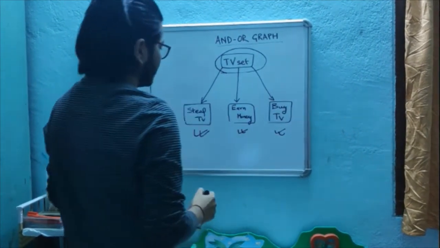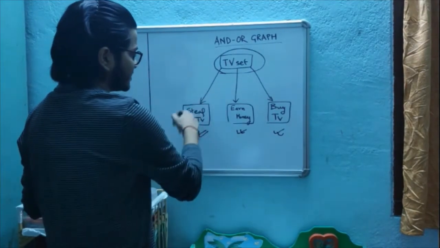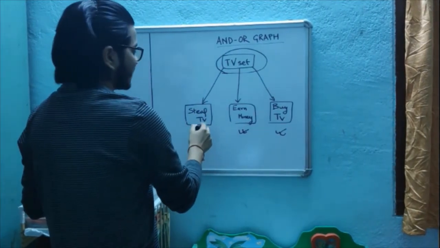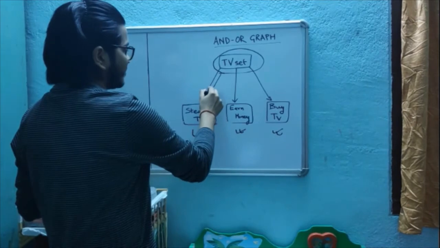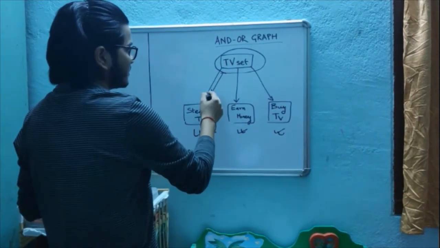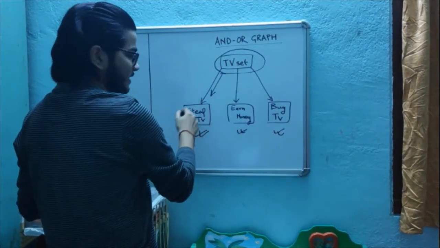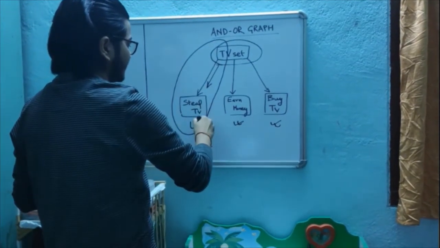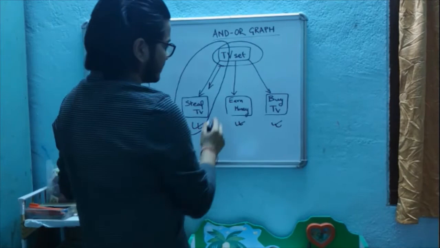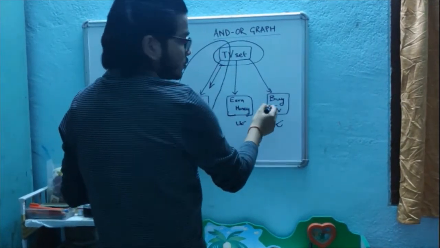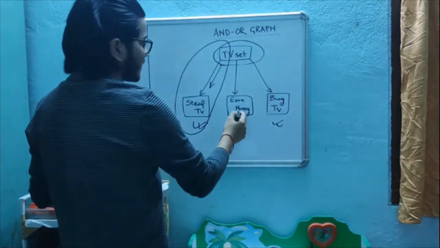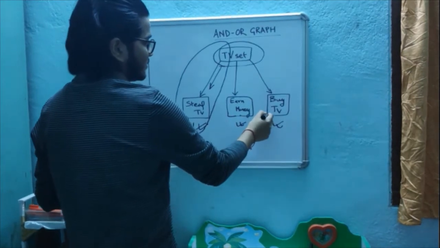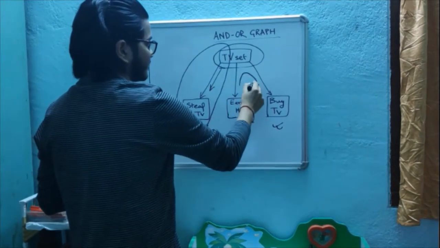So if we consider the first node, then we can say that a TV set can be directly obtained from stealing a TV. So this part is directly converting to an end node, and if we want to buy a TV, first we have to earn money and then buy the TV. So this is kind of cyclic.